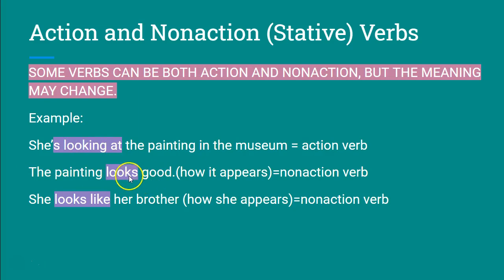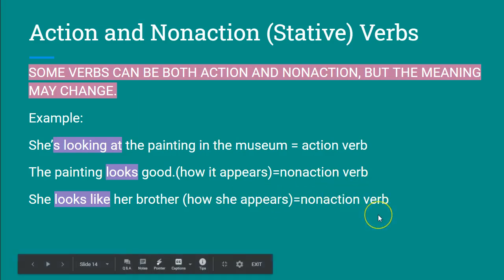So when we're talking about appearance, right, what something looks like or how it appears, then that's a non-action verb. And we cannot use it in the continuous. We can only use it in simple present. If you use look with like, she looks like her brother, that's also how she appears, right? And that's a non-action verb again that we cannot use in present continuous.